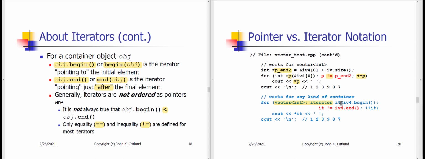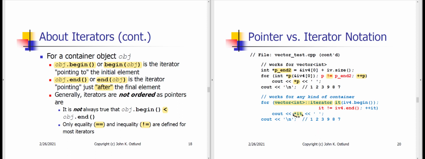All right, so it is my variable, and the data type of it is iterator that belongs to the vector of int class. I'm setting it to iv4.begin, and then I'm testing whether it is not equal to iv4.end, which is one beyond. Since it is not yet iv4.end, I'm going to display star it.